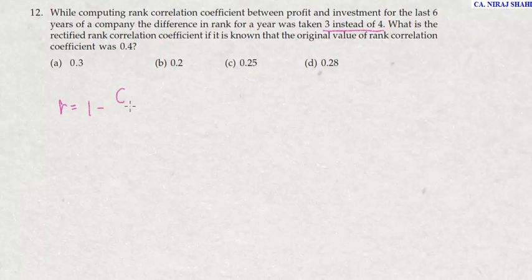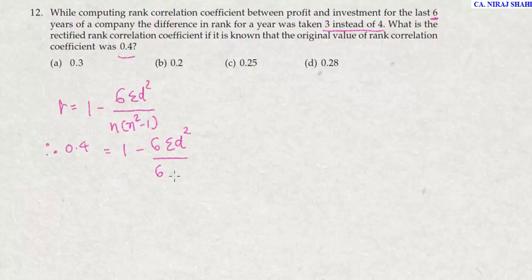R is equal to 1 minus 6 sigma d square divided by n into n square minus 1. Let me fill all the figures which are given to me. R is 0.4 given to us, is equal to 1 minus 6 sigma d square is not known to us, and n is actually 6.